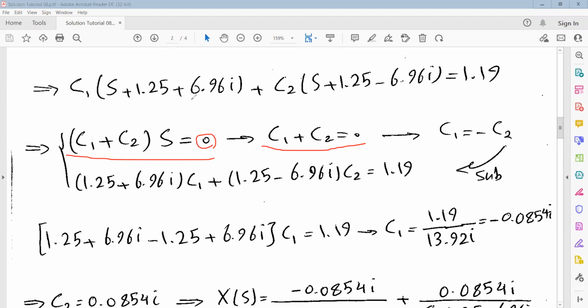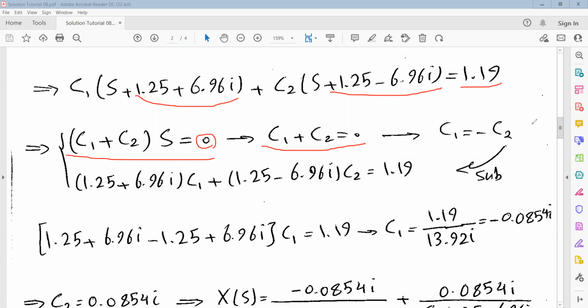And the constant parts, I mean s1 multiplied by C1 plus s2 multiplied by C2 must be equal to 1.19, where s1 and s2 are equal to 1.25 plus minus 6.96i, two complex conjugate numbers.